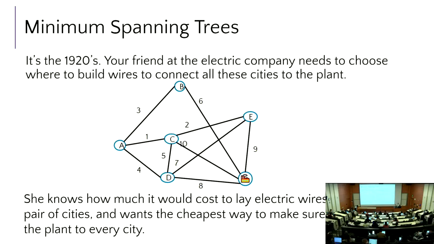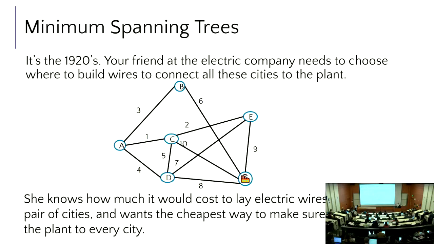Maybe some of those places have sheetrock in the ground. Maybe some of those places have water. Things that are going to literally materially impact the cost of laying these ground wires. And we want to figure out what's the minimum cost set of edges that will still connect the entire graph together.